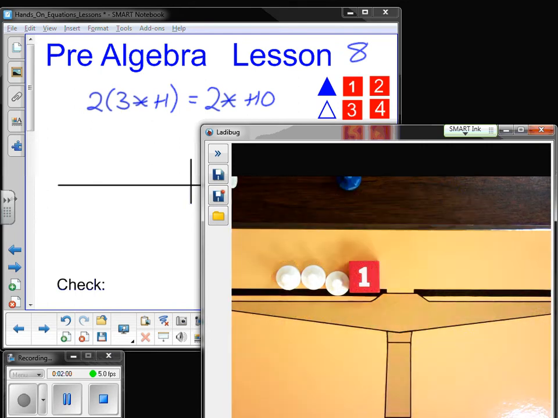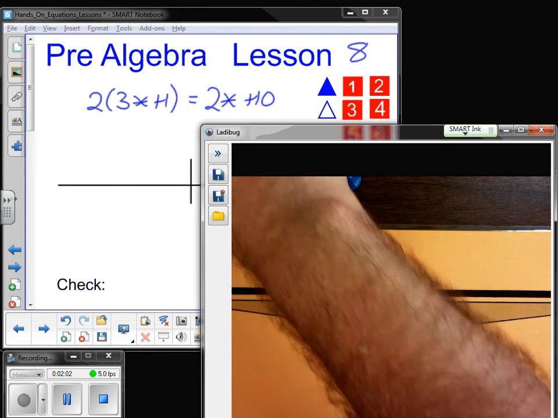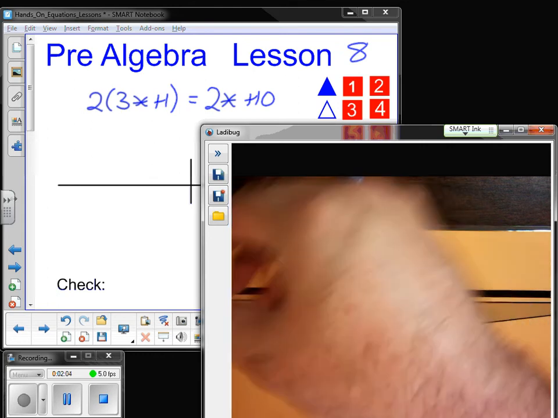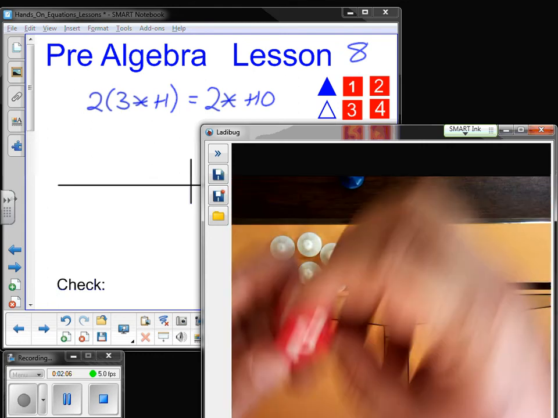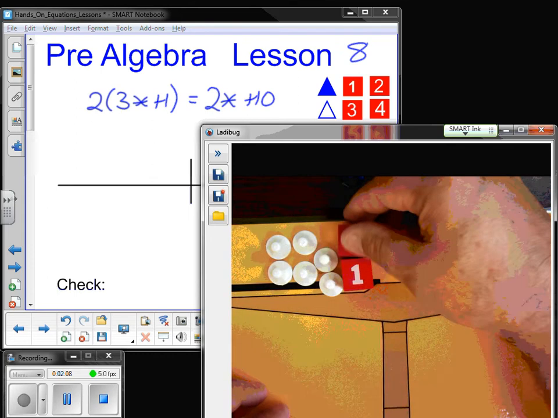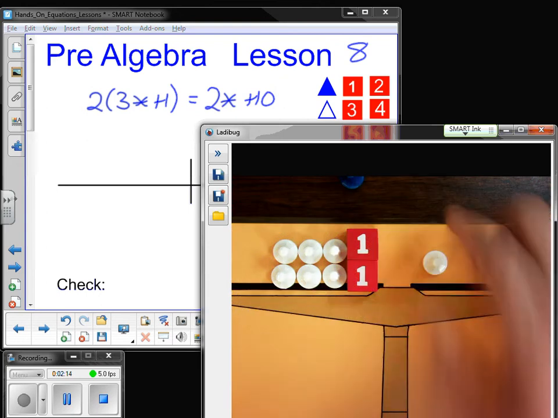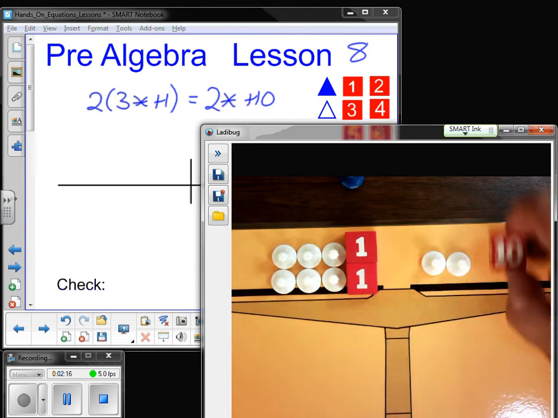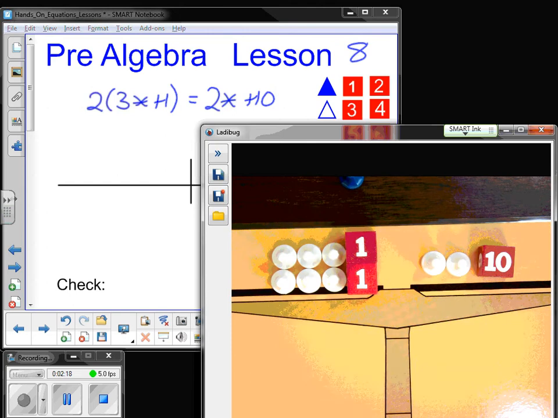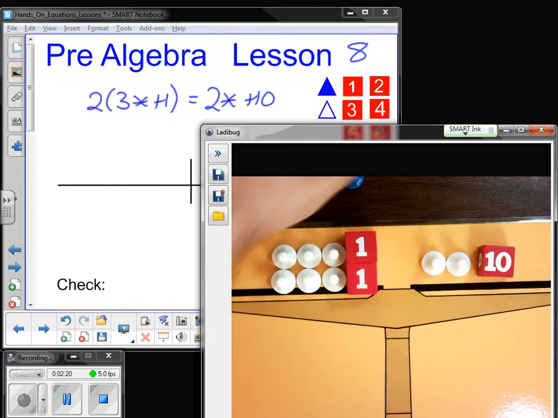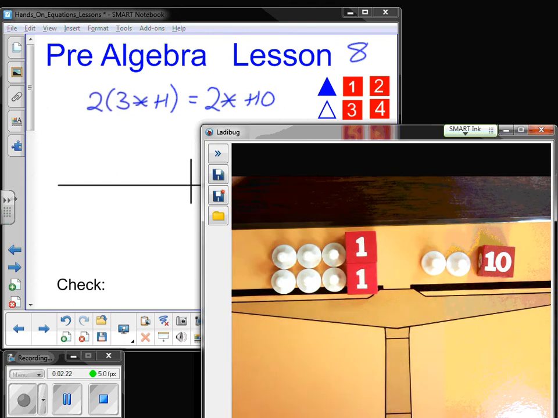But I need 2 of these, so I need another 3 star and a 1. So that's my left-hand side. I got my 2 3 stars and a 1. On the other side, I have the 2 stars and a 10. So there's my problem. I don't need any of the X's. Might keep that other disc close by.